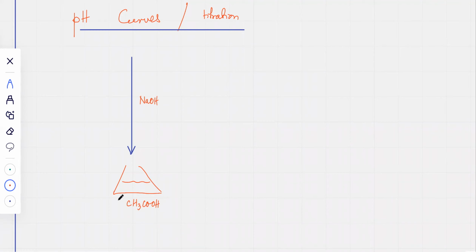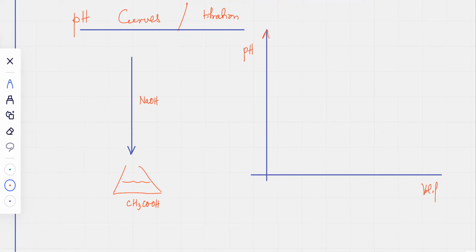What would be the initial pH? I mean, this is the graph that they'll be looking for. So there are going to be two axes. One axis, you'll be sketching the pH. On the other side, there's the volume of NaOH that's being added.